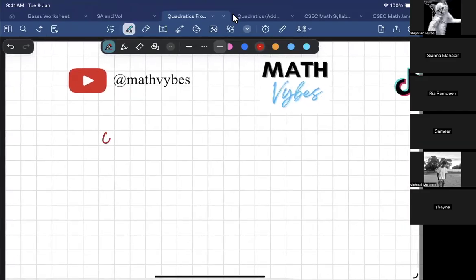Let me just run through this quickly, and then we're going to do some past paper questions. Quadratic formula. And you use this when times are tough.